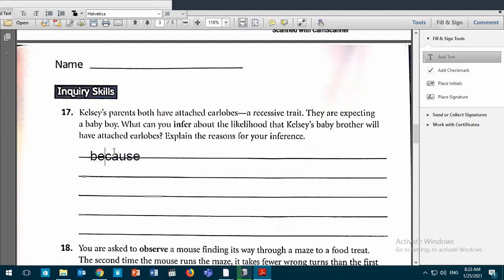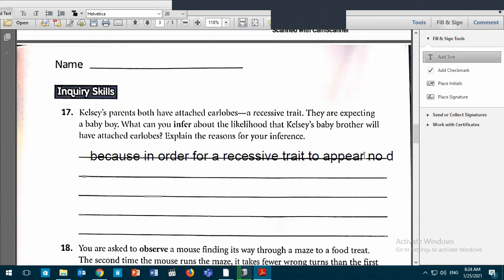Okay, still writing this letter. Because in order for a recessive trait to appear, no dominant factors should be there. I'm sorry guys, I'm using one hand and that's why we're having this problem.